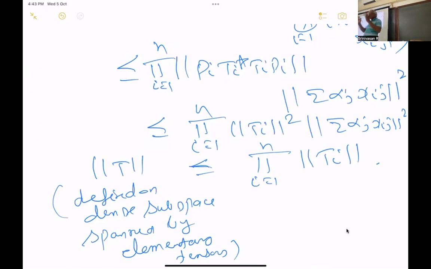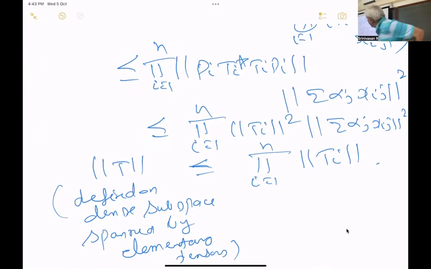You know this inequality, norm of TS is less than or equal to norm T times norm S. Because of this, you can take this out because it's less than or equal to 1. So this is less than or equal to norm of T_i star, which is norm T star. We have proved that norm of T star T is equal to norm T square, which we call the C star identity.